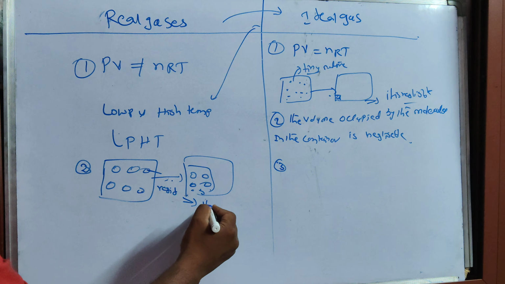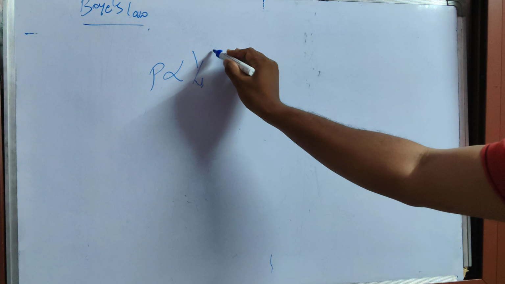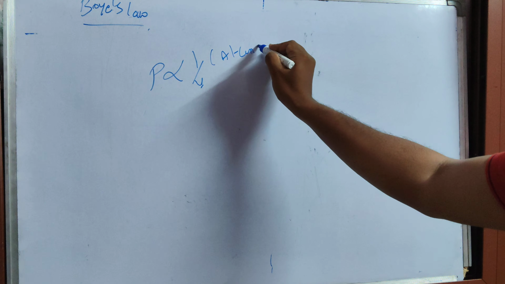Next, we have to discuss the graph. We know according to Boyle's law, pressure is inversely proportional to volume at a constant temperature.